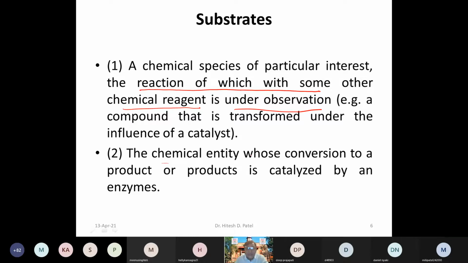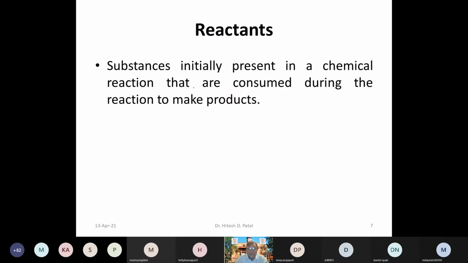The chemical entity whose conversion into product is studied is also known as a substrate. So these are two definitions. Some more definitions may be available in various books and online literature, but for your reference I have given two definitions for the substrate.